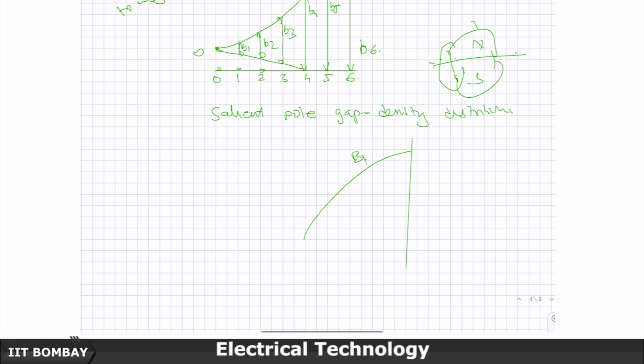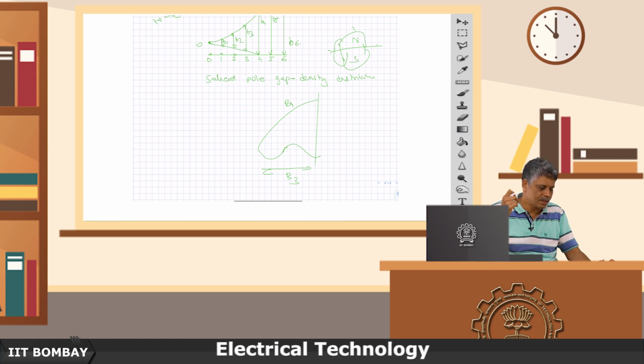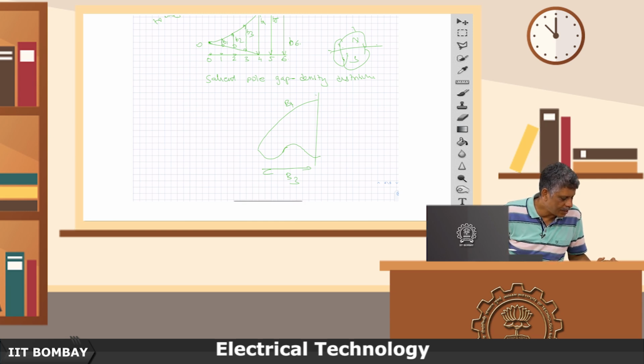This is the space proper sinusoid, and then I will get B3. B3 means this space harmonic; if this is 90 degrees, then B3 will not be 90 degrees, I am sorry.